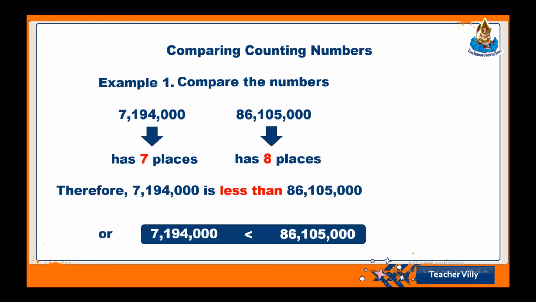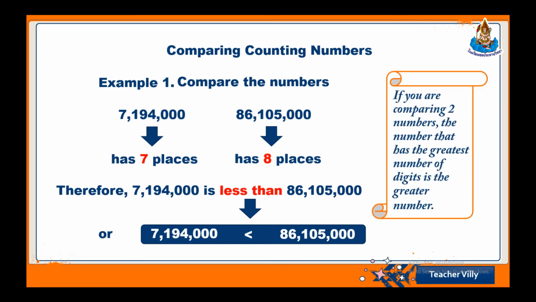Or in symbol, that is the symbol for the word less than. So 7,194,000 is less than 86,105,000. Note that to compare counting numbers, if you are comparing two numbers, the number that has the greatest number of digits is the greater number.